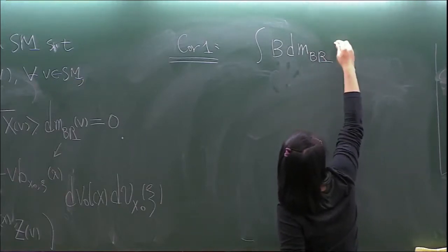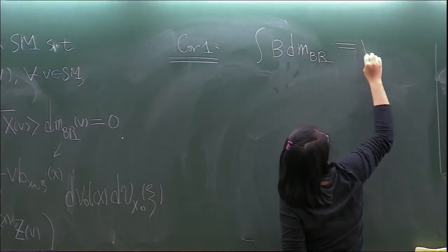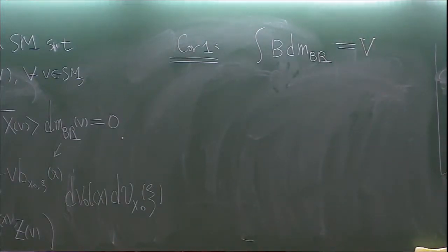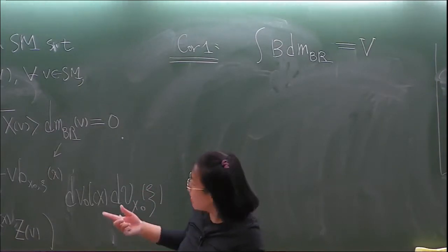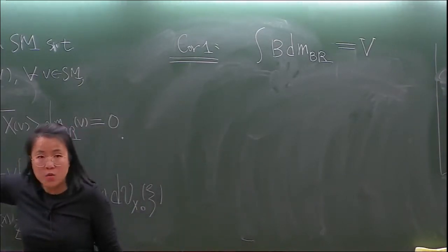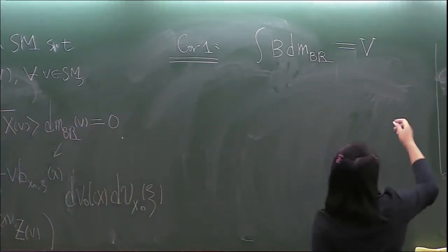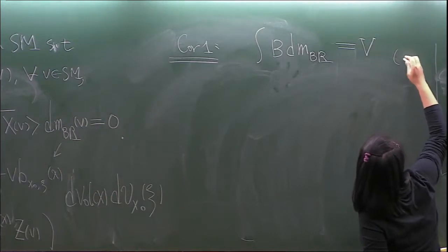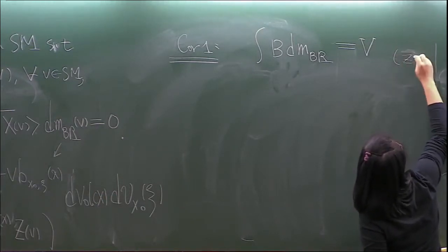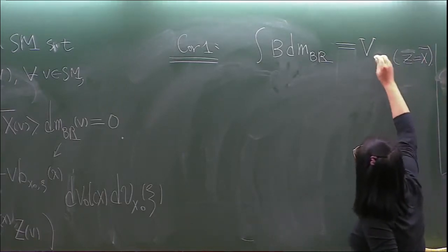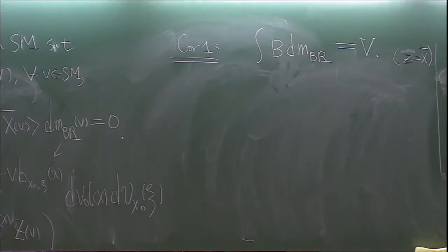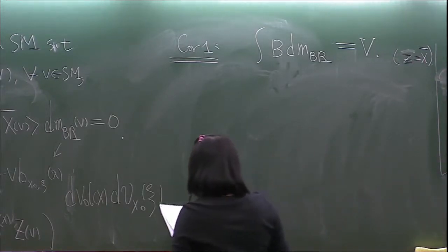The Laplacian of Busemann function, and this guy is what? This is v. Okay? Did you see it? You put this Z equals to X bar, right? That's okay. So the reason of this is you try this with Z equals to X bar. So the first point seems to be related to our topic. Okay, so this is a quantity, we promise.